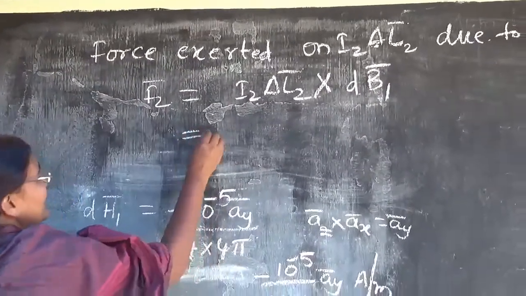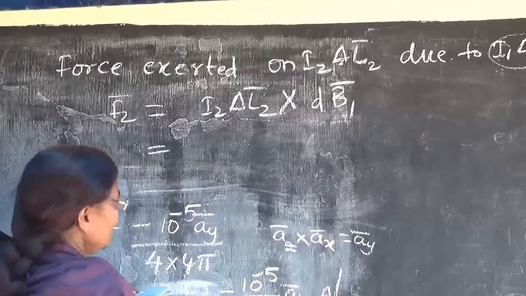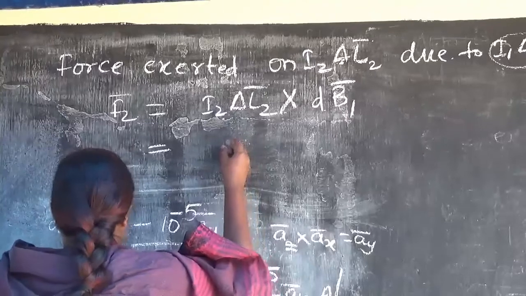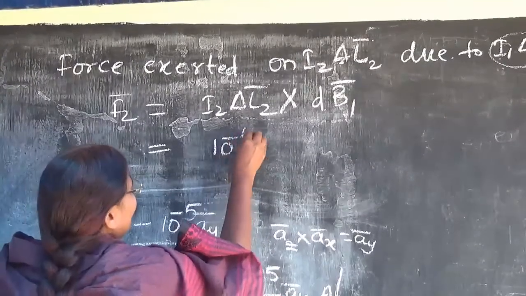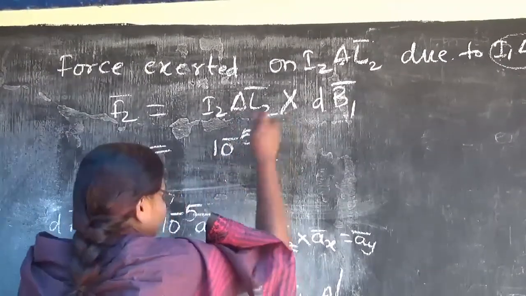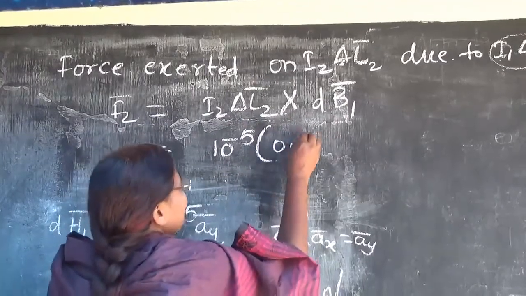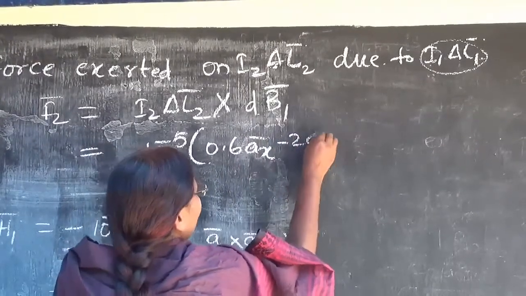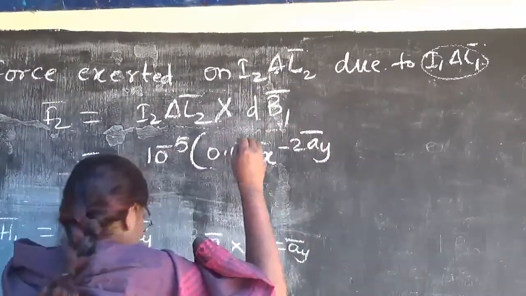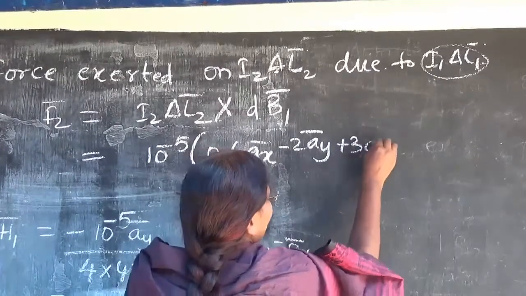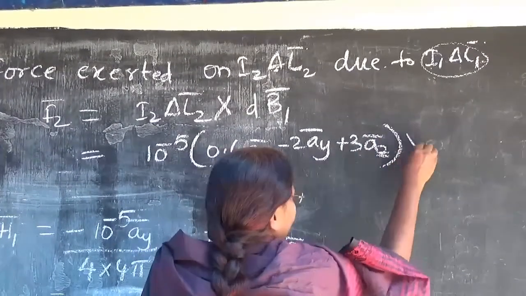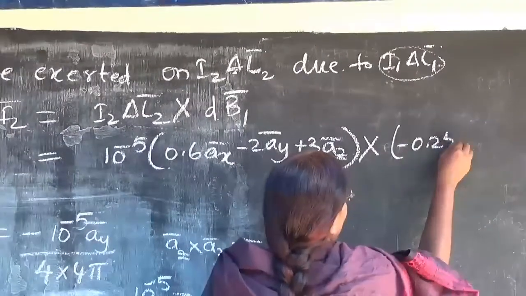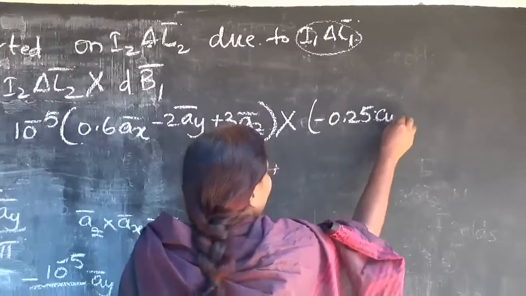So what is the cross multiplication of these two? At first I will write the vectors. What is I2 delta L2 bar? This is nothing but 10 to the power of minus 5 into, as given in the problem, 0.6 AX bar minus 2 AY bar plus 3 AZ bar, cross minus 0.25 AY bar.